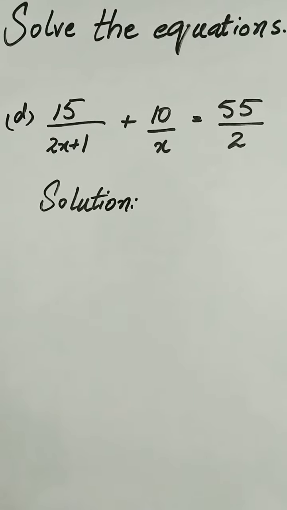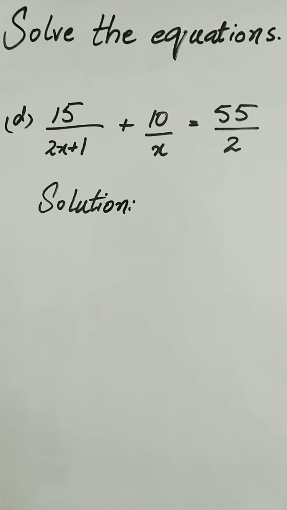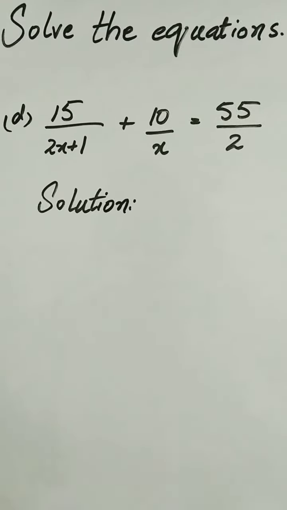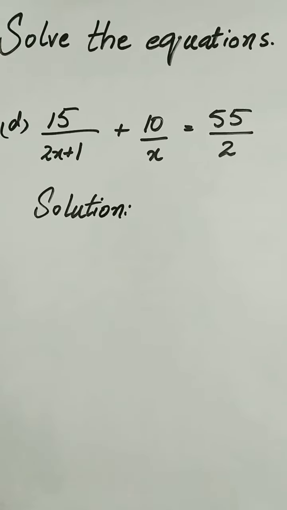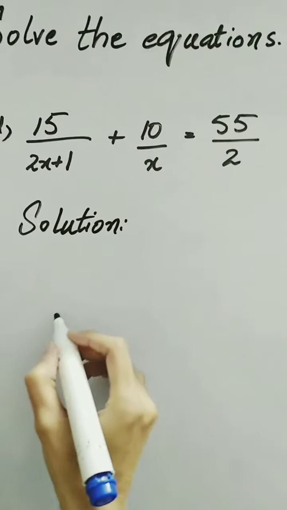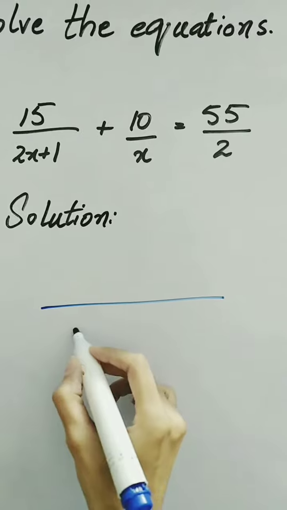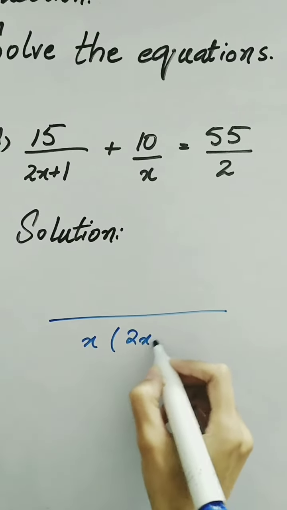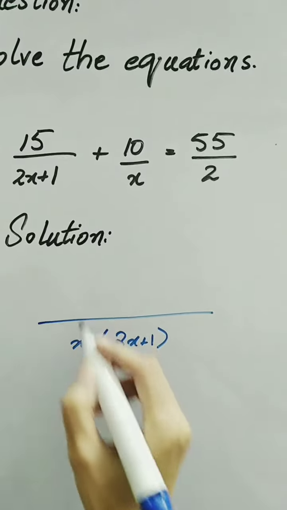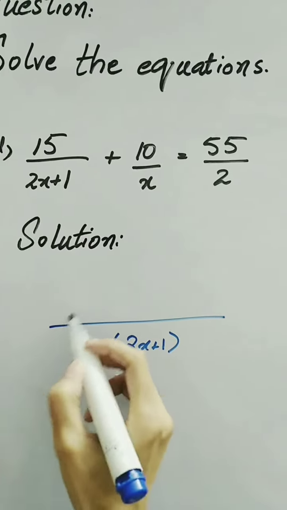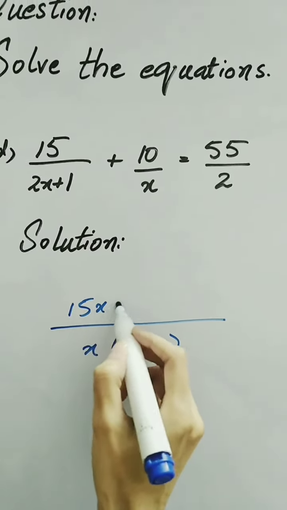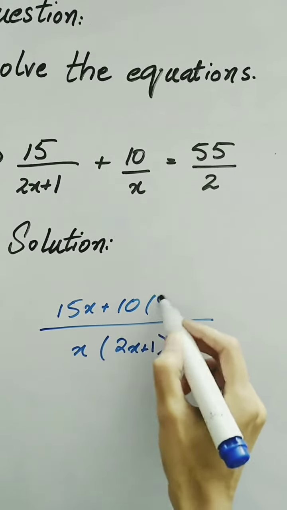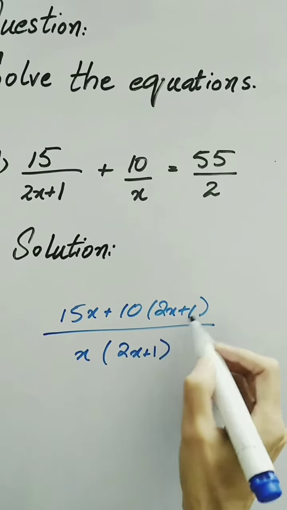Here is another question, which is 15 over 2x plus 1 plus 10 over x is equal to 55 over 2. Now first we take the LCM in order to solve this question. Here in the denominator we will have x and 2x plus 1, and further solving we will have 15x plus 10 times 2x plus 1.